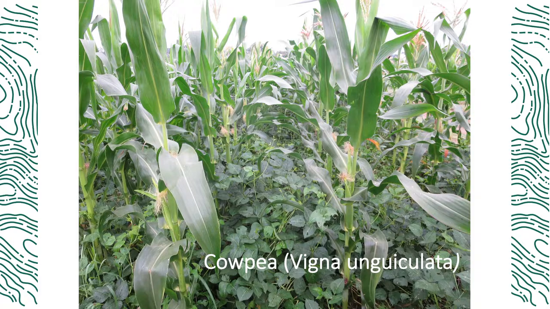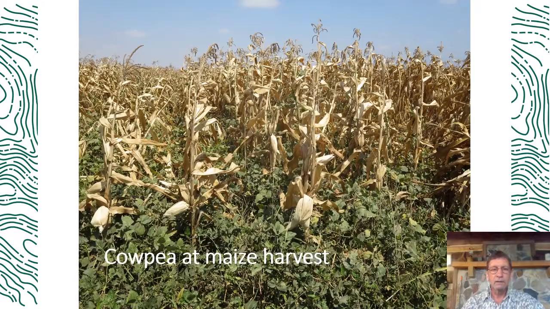If we want to use cowpea as a cover crop, we need more of the vining cover crop type cowpea varieties, many of which are old traditional varieties, and we need to hang on to those. And again, cowpeas will stay green long beyond maize harvest, providing food and providing soil cover.